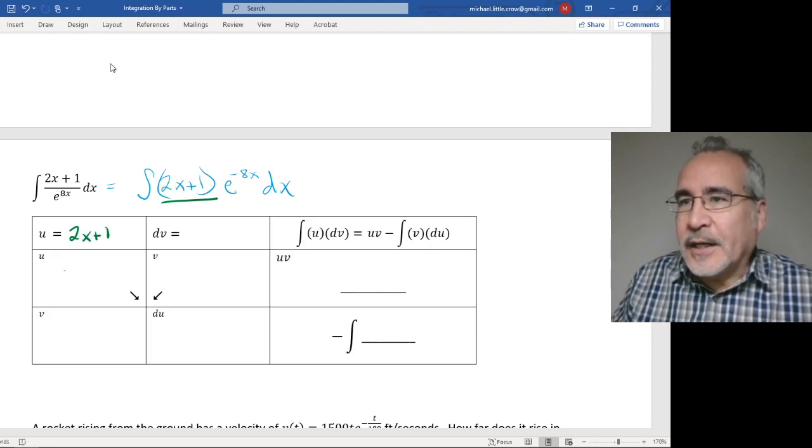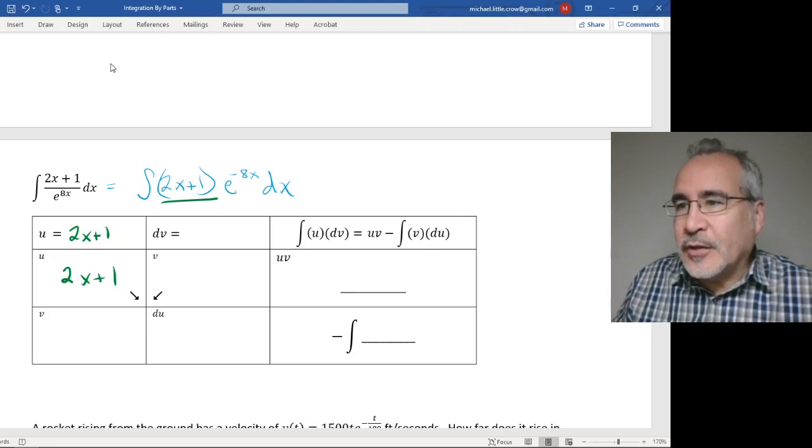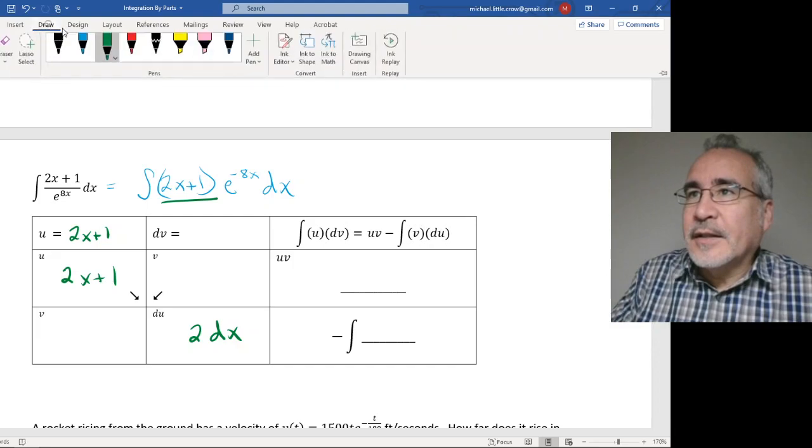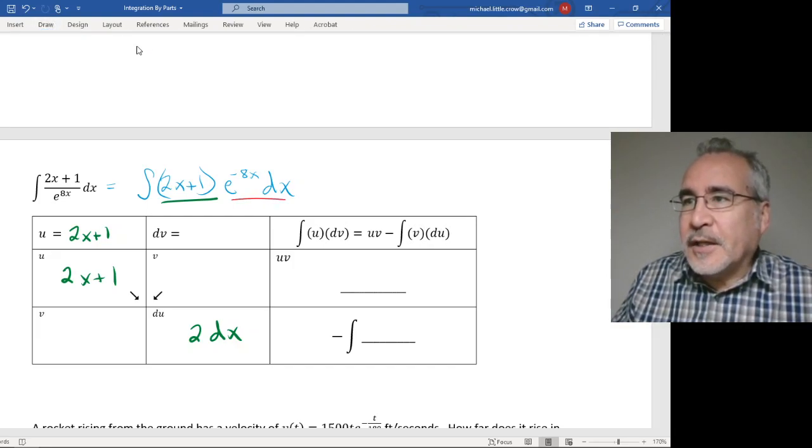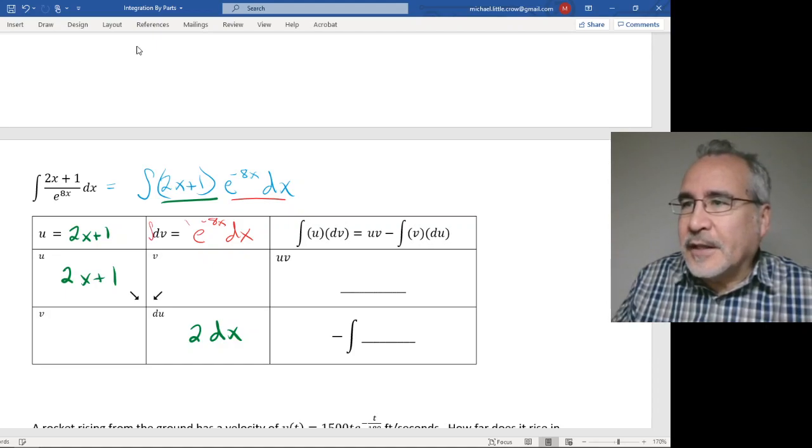And so we write it down, right? Just copy, take its derivative. Derivative of 1 is 0, derivative of 2x is 2 dx. We're picking up some speed here even. Okay, this part is the dv part, e to the minus 8x dx. So to get down to make this into v, what we're really doing is taking the integral of both sides.